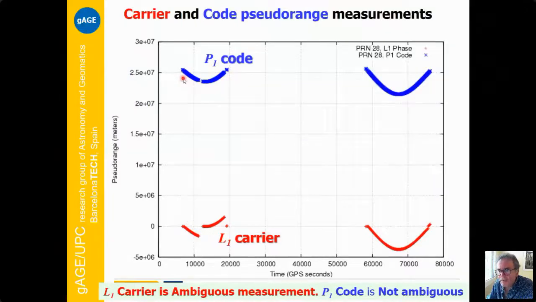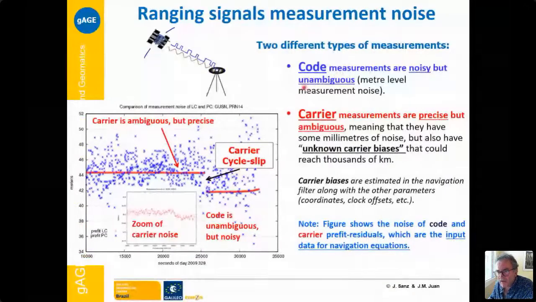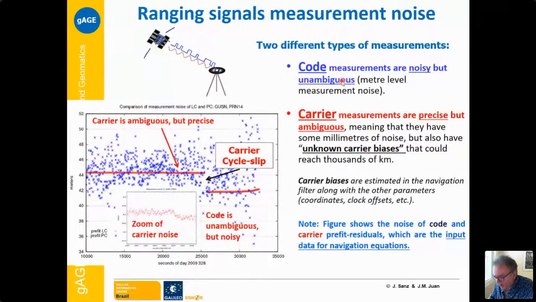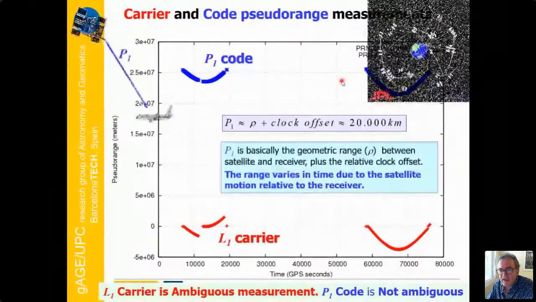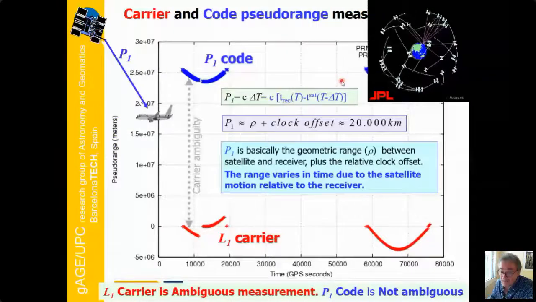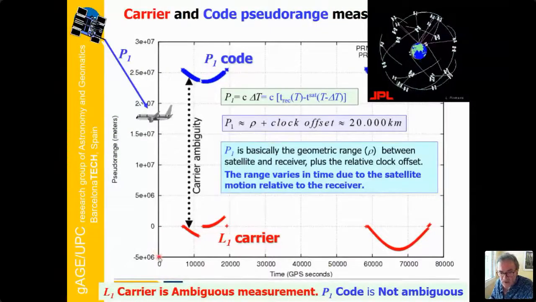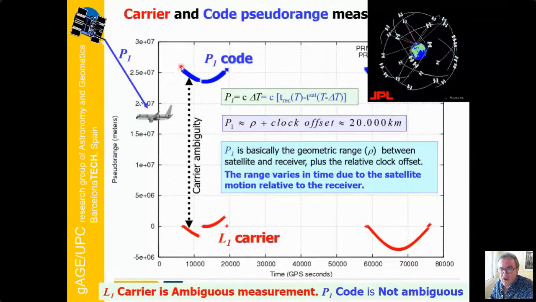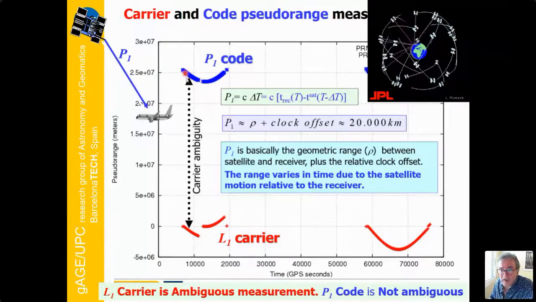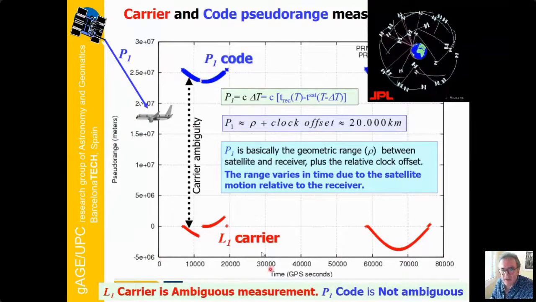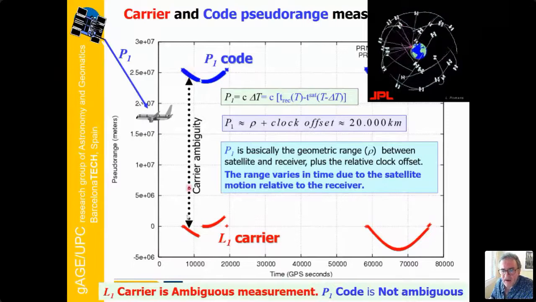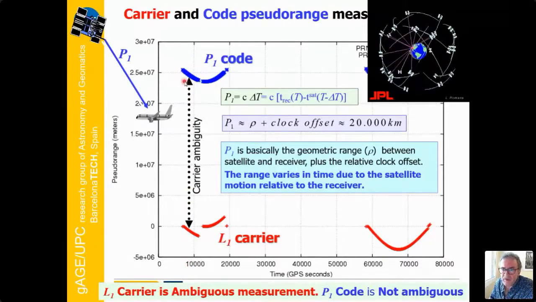They are noisy, but they are not ambiguous. What does it mean? This means that in this plot, we show the code measurements for a given satellite as a function of time.